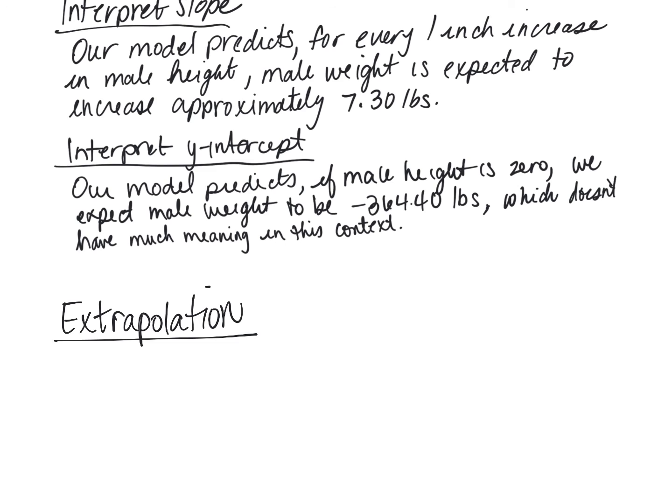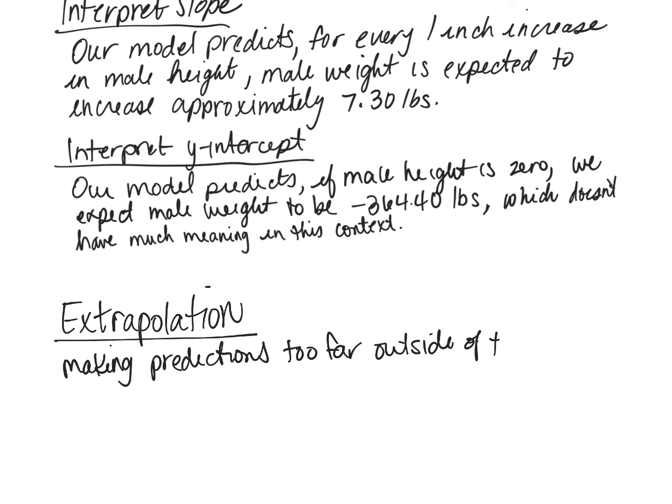Extrapolation is trying to make predictions too far outside of the scope of our data. The scope of our data is like the minimum and the maximum.